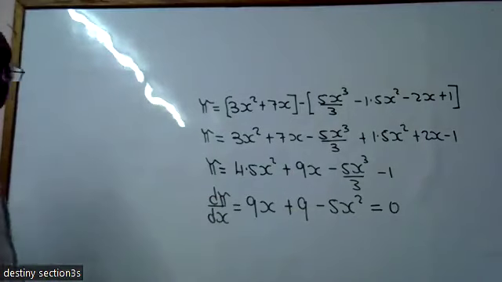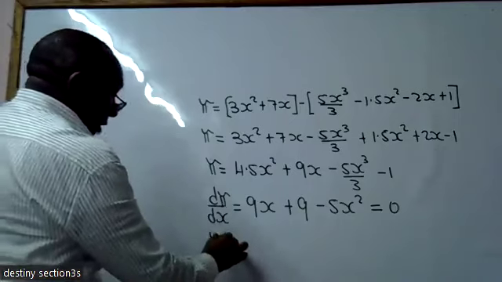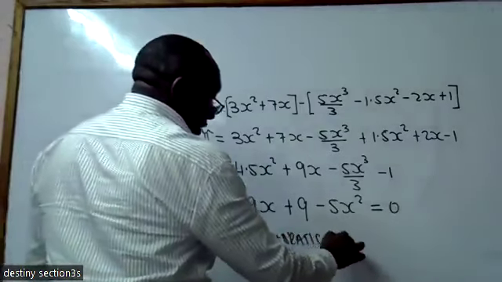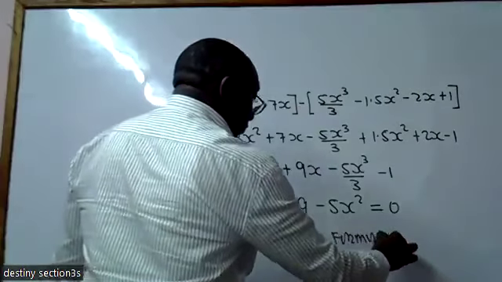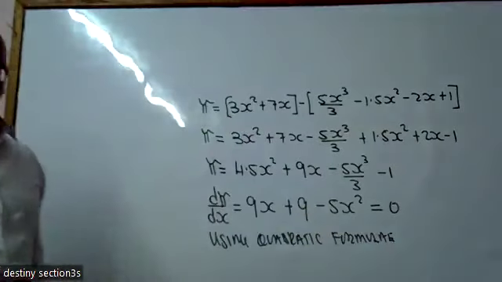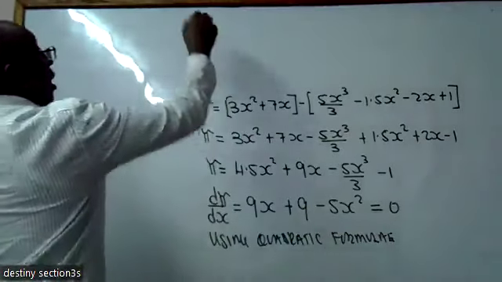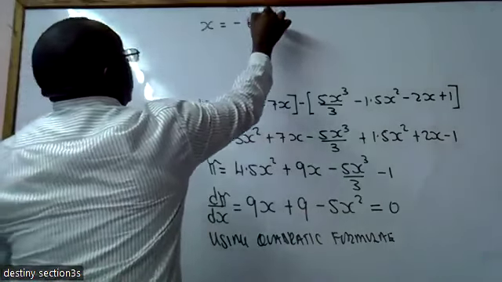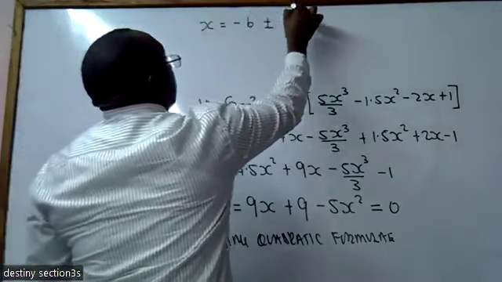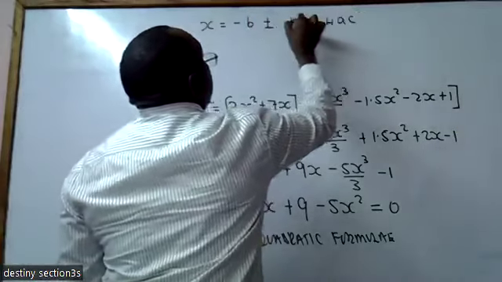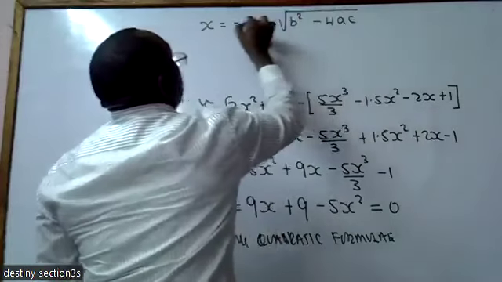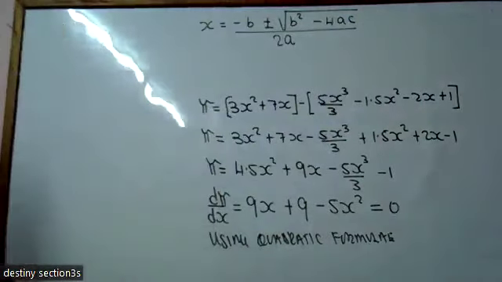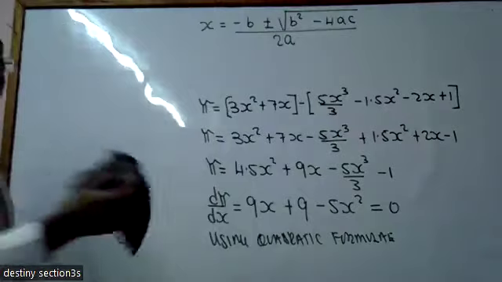Then I'm using the quadratic formula. We know that x is equal to minus b plus or minus the square root of b squared minus 4ac, divided by 2a. That is how we get the quadratic formula written.